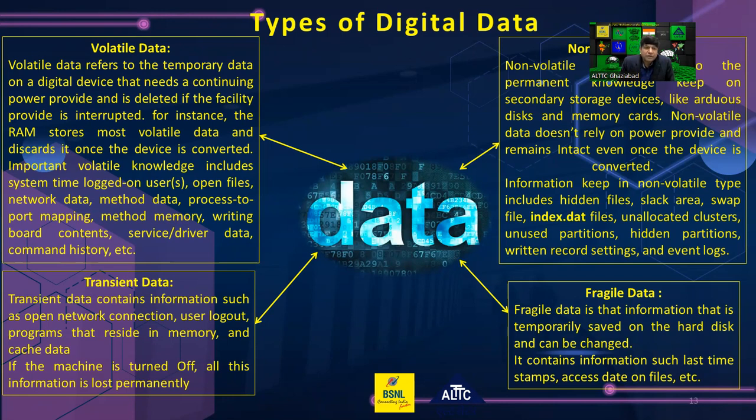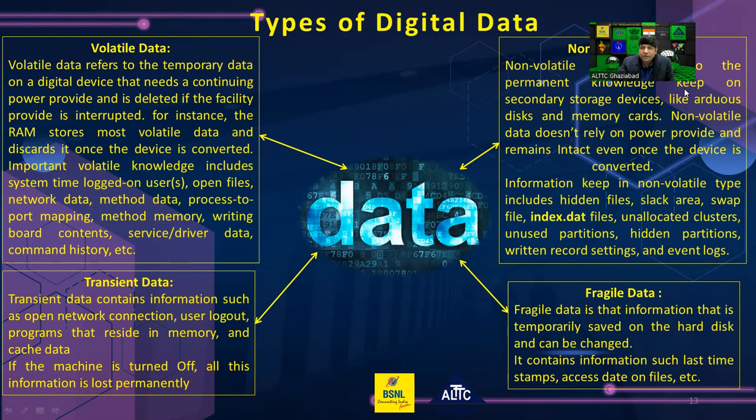For example, RAM stores most volatile data and discards it once the device is turned off. Important volatile information includes system time, logged-on users, open files, network information, process information, process-to-port mapping, memory, clipboard contents, etc.